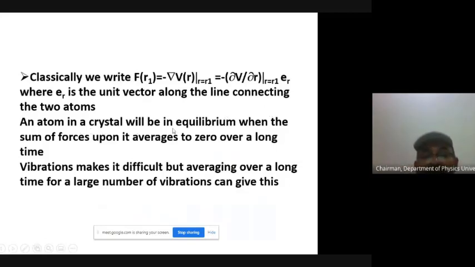An atom in a crystal will be in equilibrium when the sum of forces upon it averages to zero over a long time. If you remember, I had told you that an atom cannot be at rest. It is always in motion, to and fro motion.